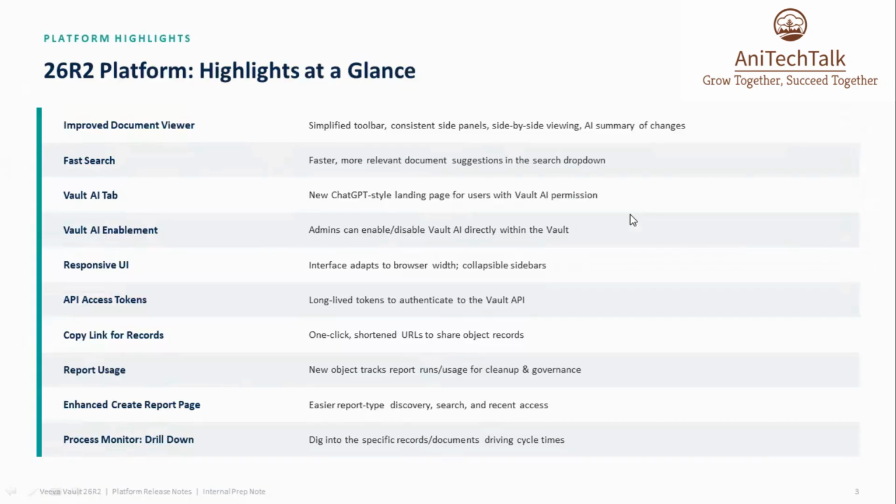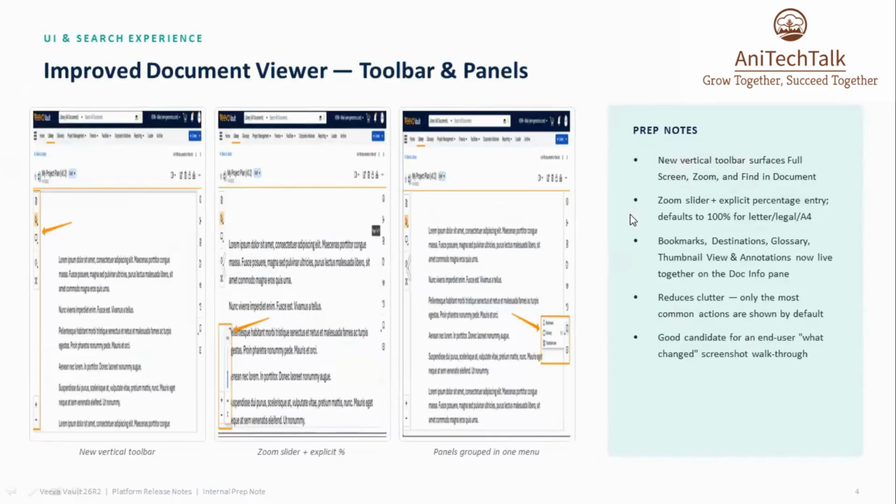You can check the highlights at a glance. I put the description, I'm just pausing my screen, and feel free to take a snapshot. I'll also share this PPT in the description section after this session, so feel free to get it from there. All right. Starting with the first feature, the improved document viewer toolbar and panel.